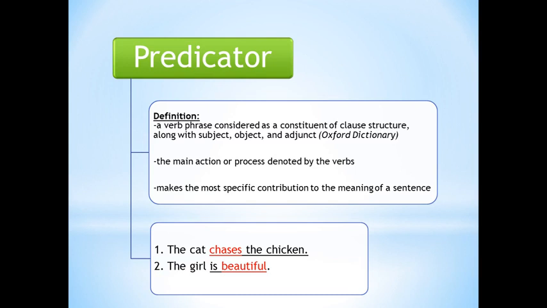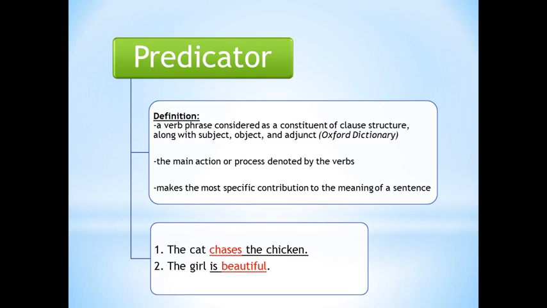So, it is a bit different with predicate. See the example. The cat chases the chicken. Kalau kita membahas tentang predicate, maka predicate-nya adalah chases the chicken. But the predicator of this sentence is chases. Also in the second sentence, the girl is beautiful.